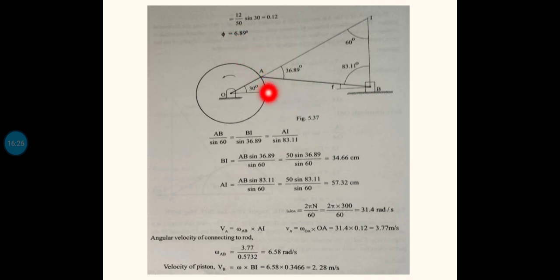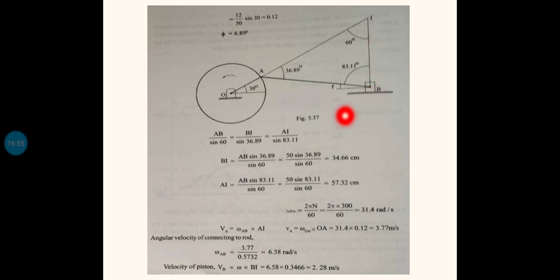If VA is tangential to the circle, then a perpendicular to the tangent will always pass through the center of the circle. So VA is in this direction, tangential to the circle, and the perpendicular to that tangent passes through the center O. So OA will be the perpendicular line to this velocity vector VA. That extended will meet at this point, that is the instantaneous center. So that is the method of locating the instantaneous center.